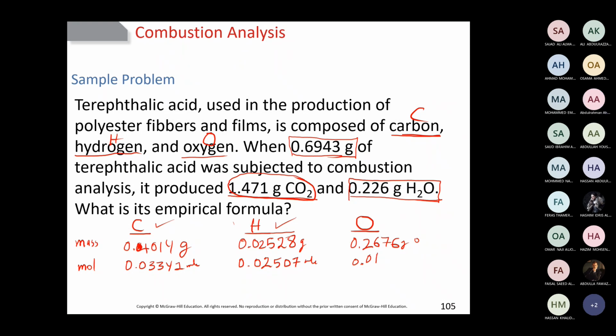Come on. 0.016. 0.01672. Good. Mole. Now you divide by which one is the smallest number?